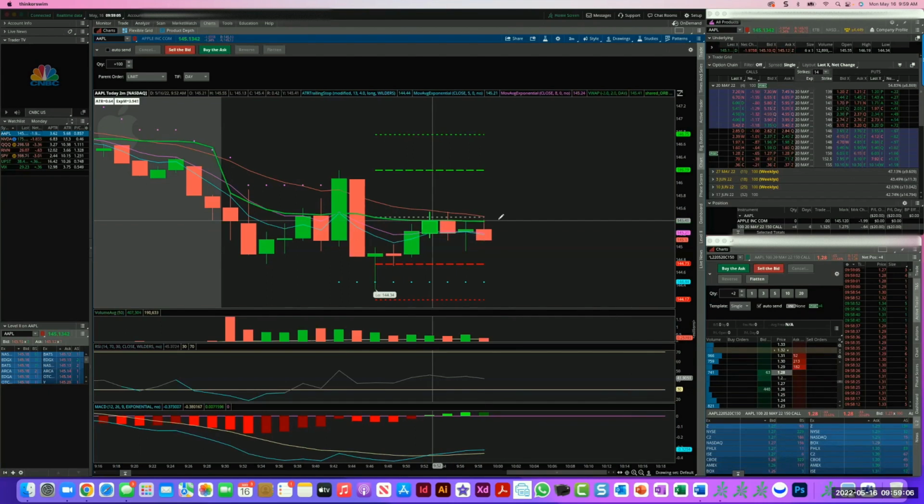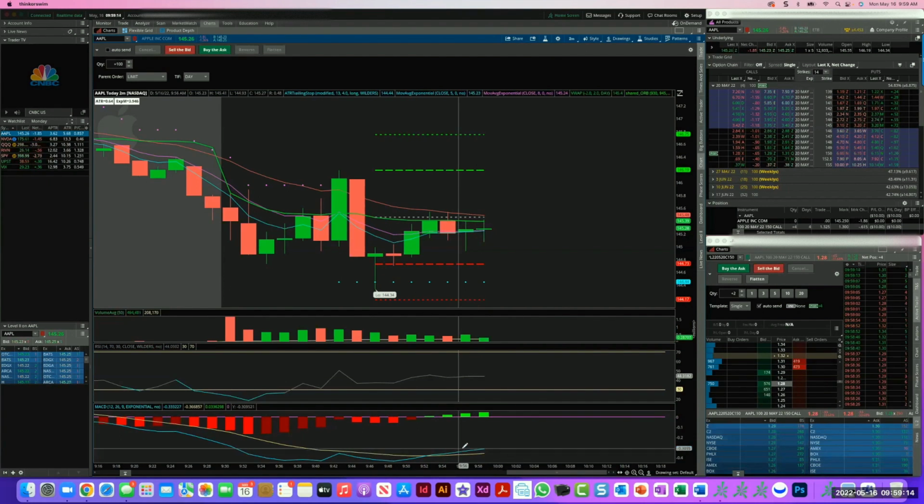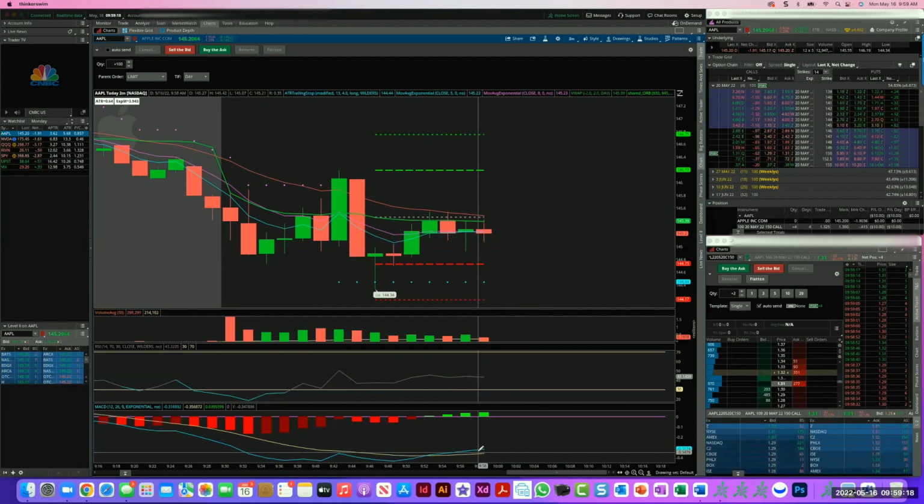We're consolidating right at the VWAP. We do have the MACD moving to the upside. We need these lines to diverge to give us a strong signal.